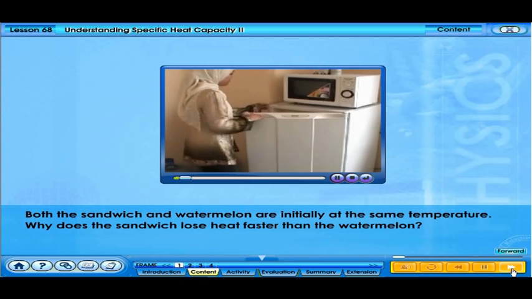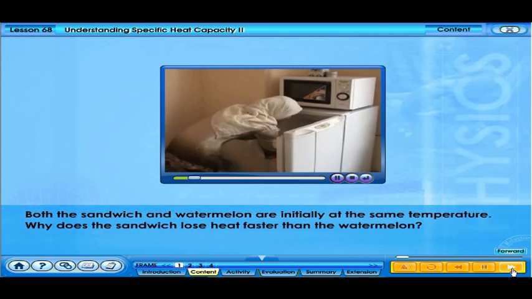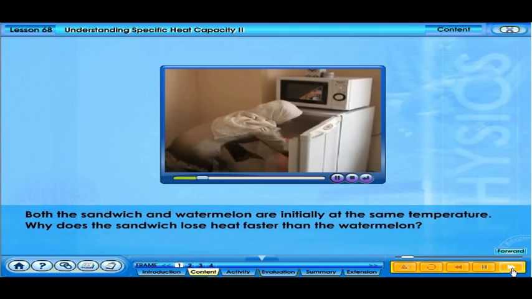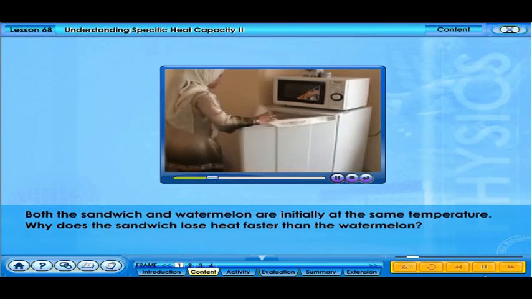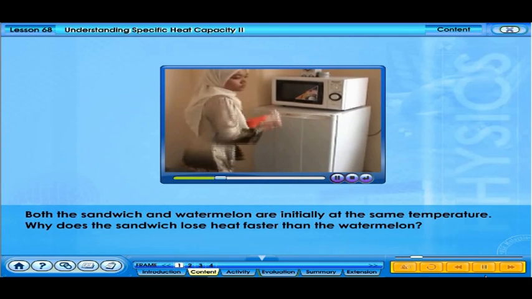Both the sandwich and watermelon are initially at the same temperature. Why does the sandwich lose heat faster than the watermelon?